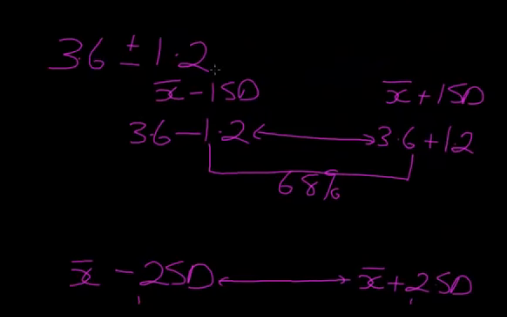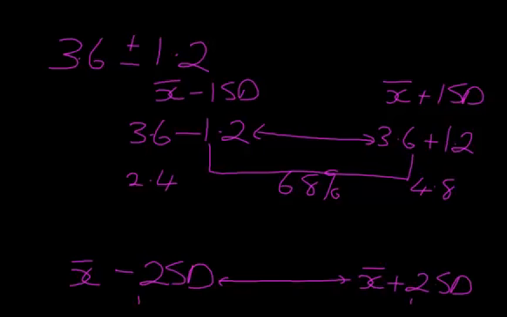If you see a value like 3.6 plus or minus 1.2, let's quickly work this out: 3.6 minus 1.2 is 2.4, and 3.6 plus 1.2 is 4.8. Between the values 2.4 and 4.8, about 2/3 or 68% of the values that this sample found sit in that range.